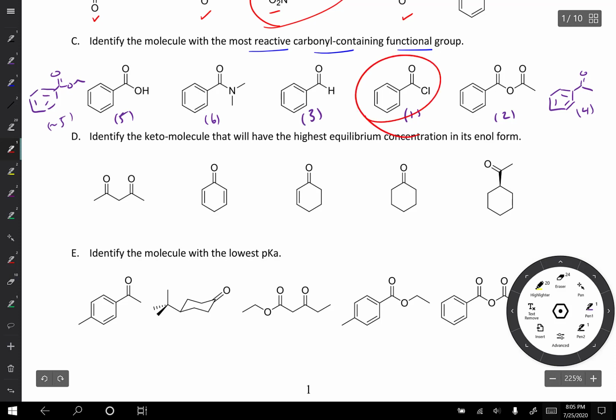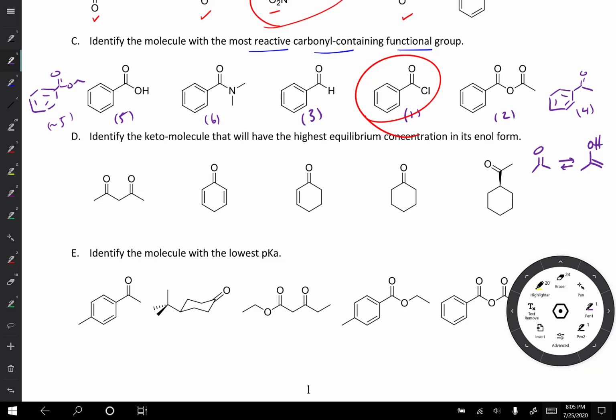Let's go to D. Identify the keto molecule that will have the highest equilibrium concentration in its enol form. Remember, we've got our keto enol tautomerization. And so what's really driving this is if this double bond is favored to form, right?